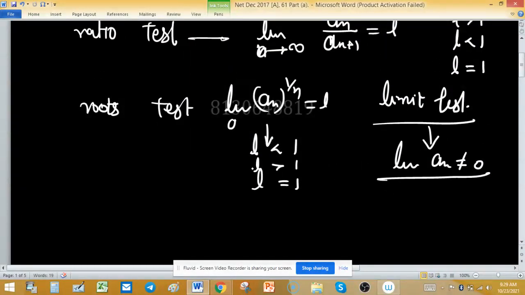So we have the root test and the ratio test, and which one is more beneficial to check the convergence of the series?